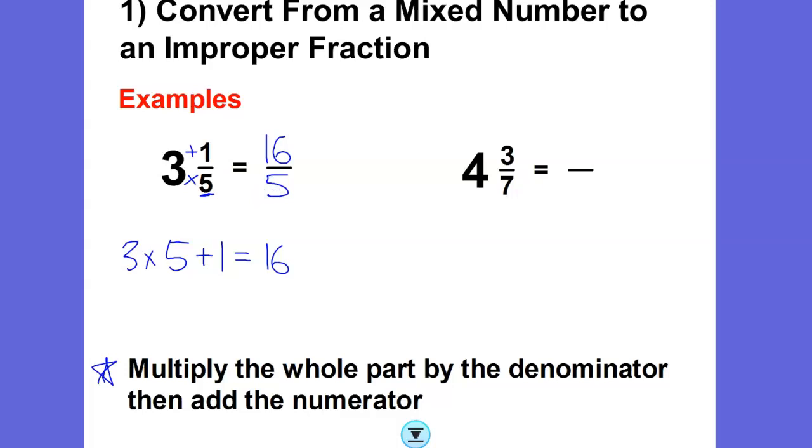Another example, 4 and 3/7. Let's go straight to the quick route. 4 times 7 is 28. 28 plus 3 is 31. The denominator stays as a 7. The denominator doesn't change. We're dealing with sevenths there. So there we go. That's a couple of examples of mixed number to improper fraction.